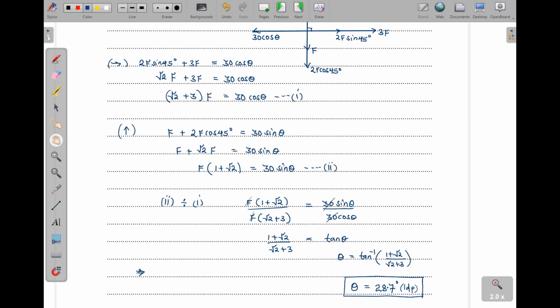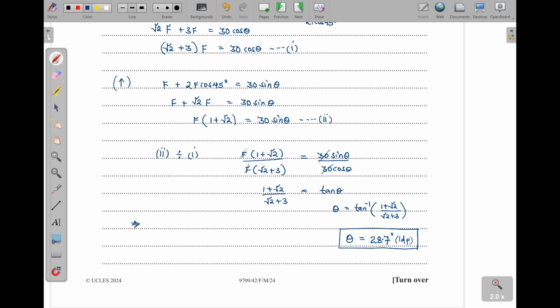Then for us to get F, we substitute in any of the other equations. Okay, so to get F here, let us maybe use this one here. So F is therefore going to be 30 sine of which angle? This one you have gotten, but this one is a rounded one. I'll just say sine of the arctan of 1 plus root of 2 over 3 plus root of 2. Then we divide by 1 plus root of 2.